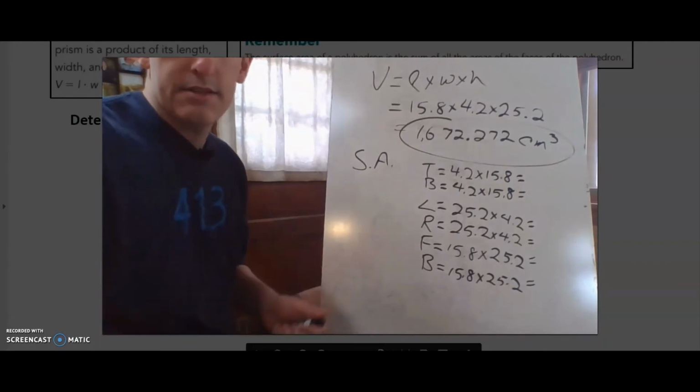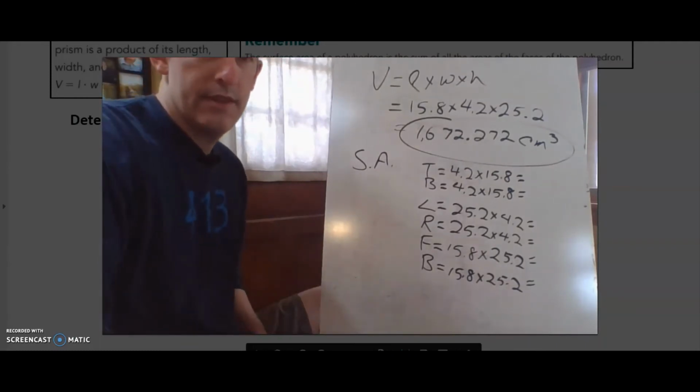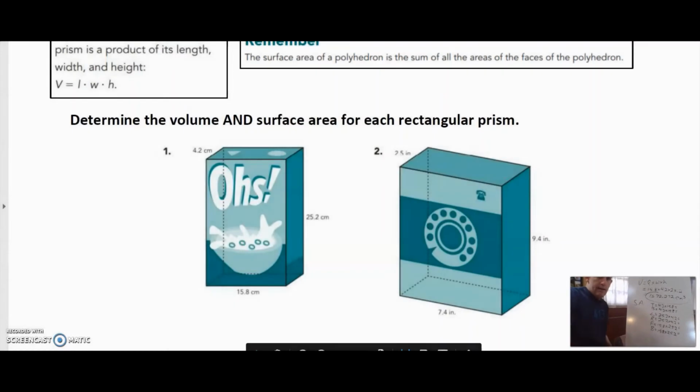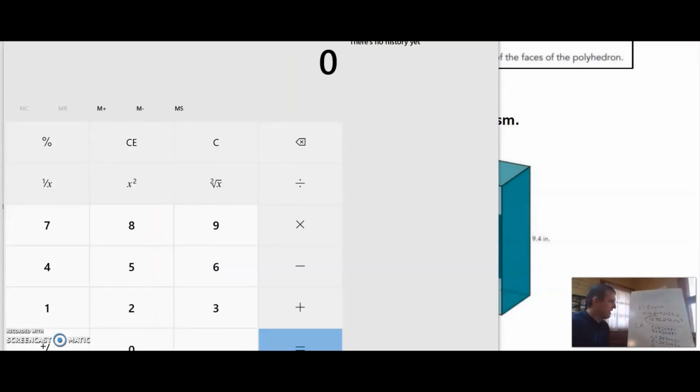All right, let's bring back the calculator. First off, we've got 4.2 times 15.8, and nothing's working. Let's try that again. 4.2, sorry about that, times 15.8 is 66.36.